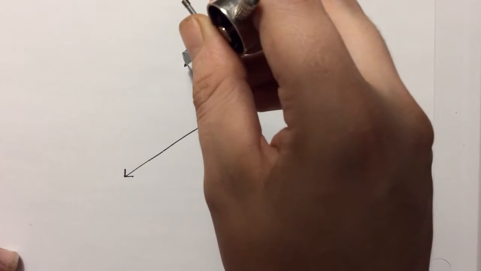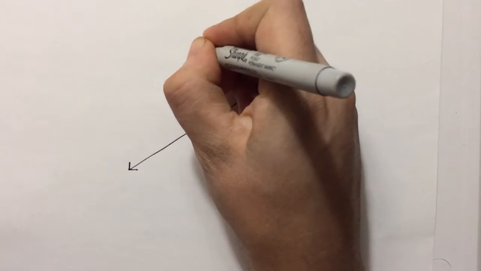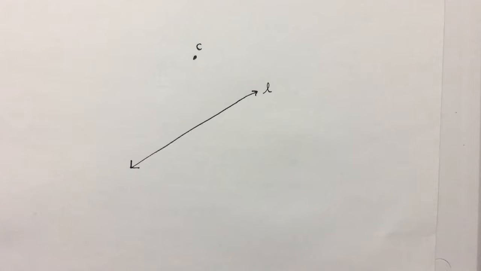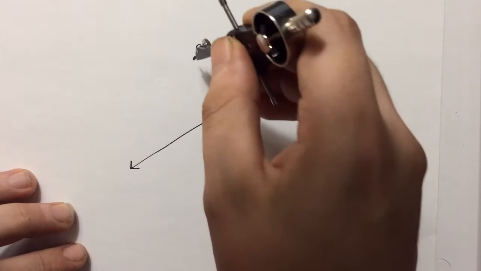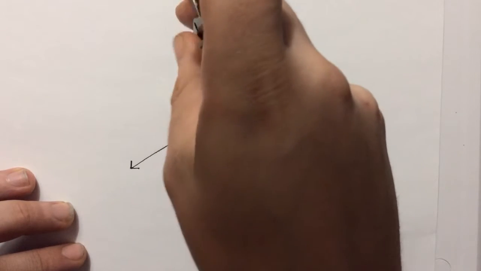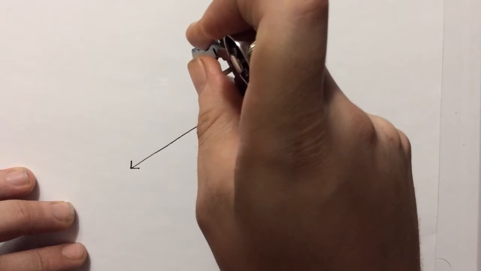What I'm going to do is first make a circle. Let's call this point C and this line L. I'm going to make a circle centered at point C that passes through line L. It just needs to pass through line L in two places.